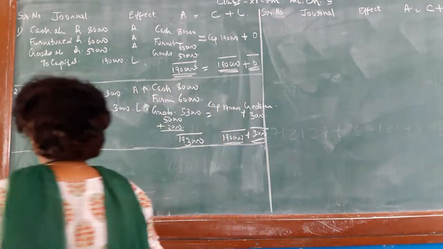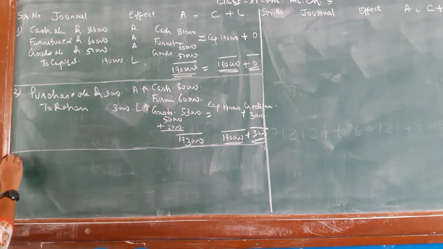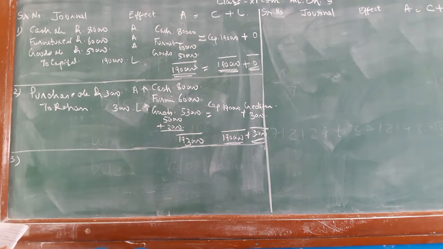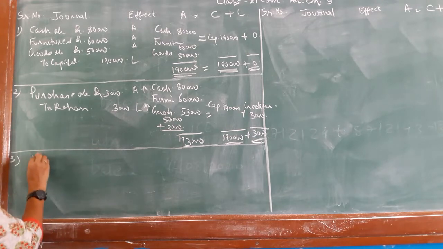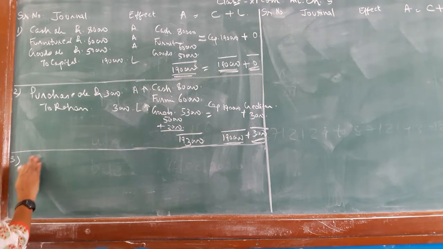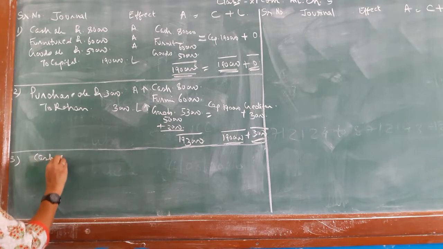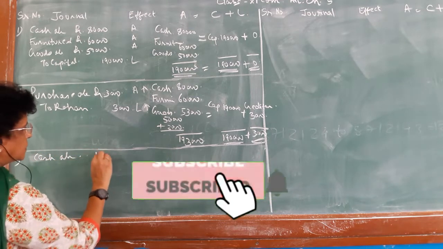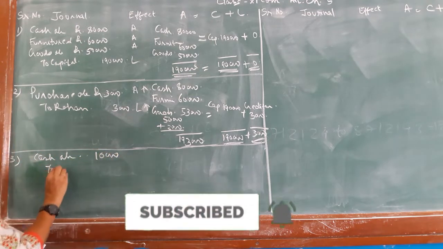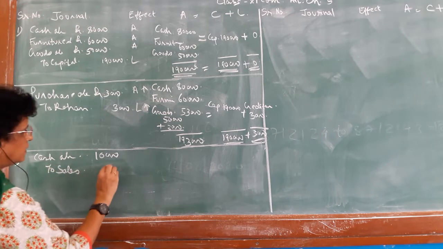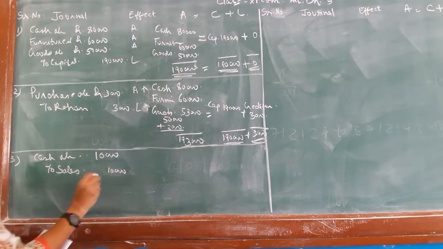So the journal entry for your third transaction: you are selling the goods to Vimal, sold for cash. So cash account debit, you are getting cash 10,000, to sales 10,000. Okay, this is simple.